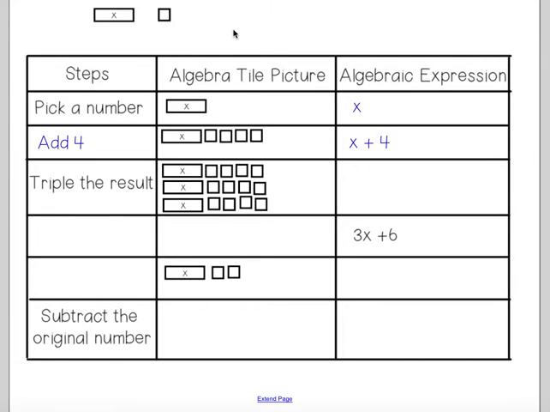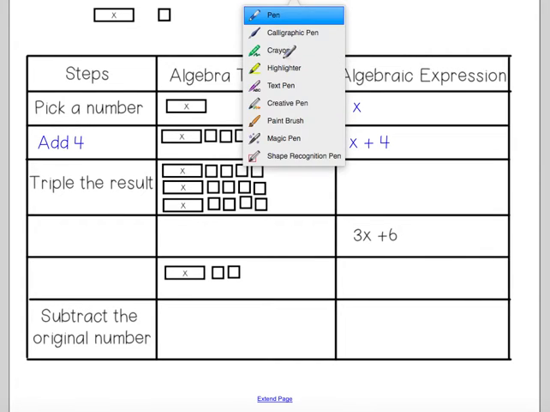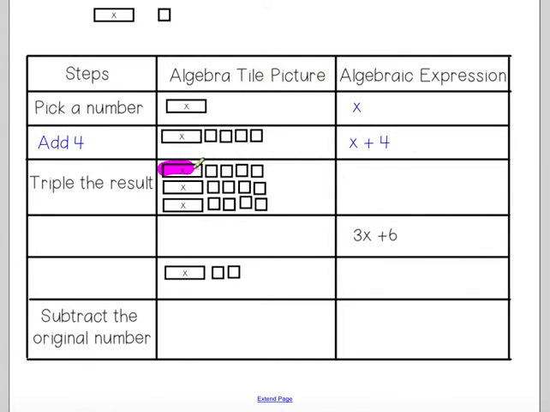Okay, so now I have 3 groups, and I can highlight them for you so that you can see them really easily. There's one group, there's a second group, and there's my third group.